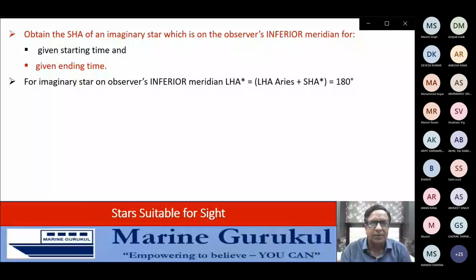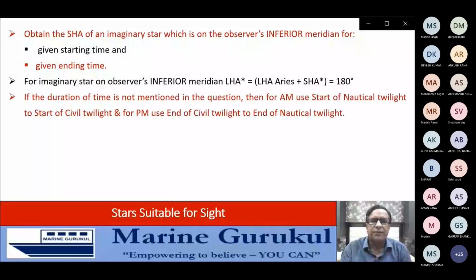In this case, because the imaginary star is not on the observer's meridian, but on the observer's inferior meridian, the LHA of the imaginary star shall be equated to 180 degrees. If the duration, like the previous case, is not mentioned in the question, then for AM, the interval shall be between the start of the nautical twilight to the start of civil twilight. And for PM, it shall be the end of the civil twilight to end of the nautical twilight, which has been explained earlier.